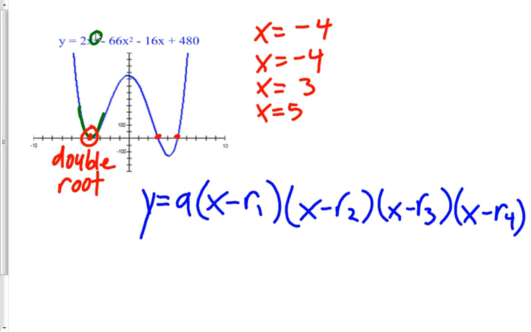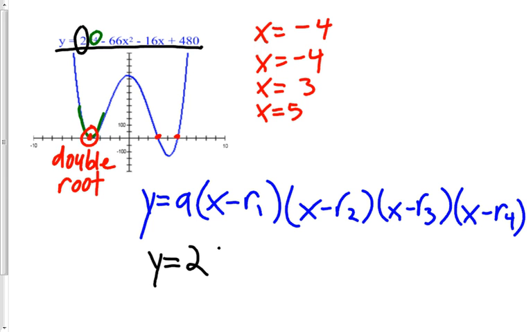As I look to fill in my a, since up here I have the general form, I know the leading coefficient of 2 is my a.